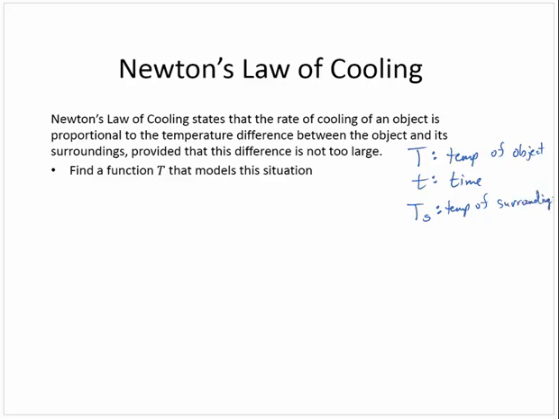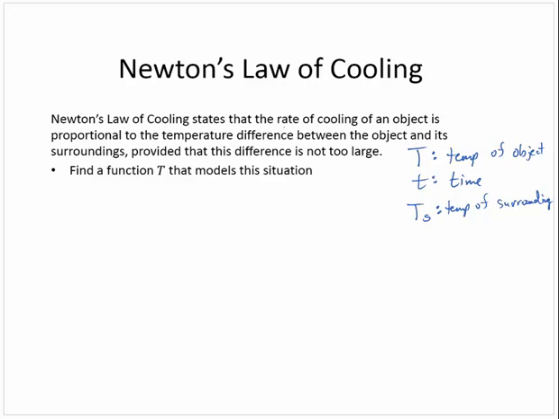And we make the assumption that that surrounding temperature is relatively constant and that the difference is not too large between the temperature of the object and the temperature of the surrounding. All right, so we want to find a function T that models this situation, that gives us the temperature of the object.